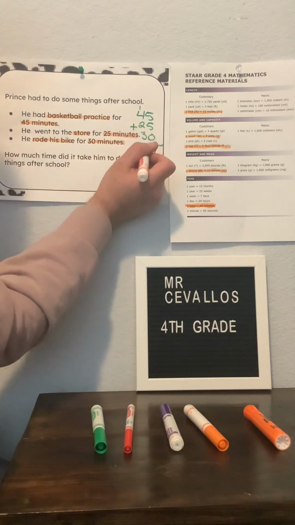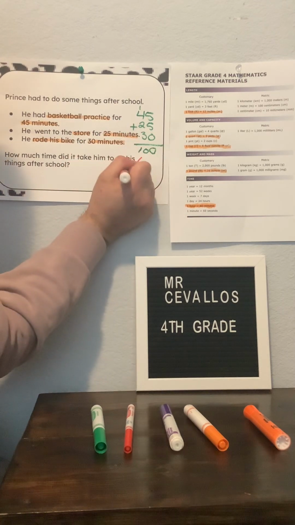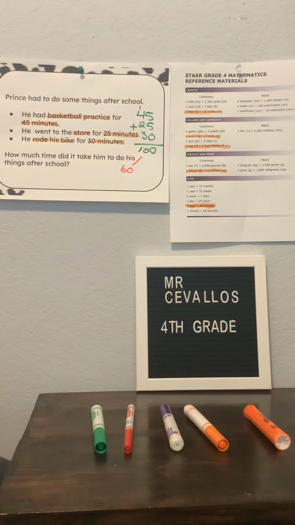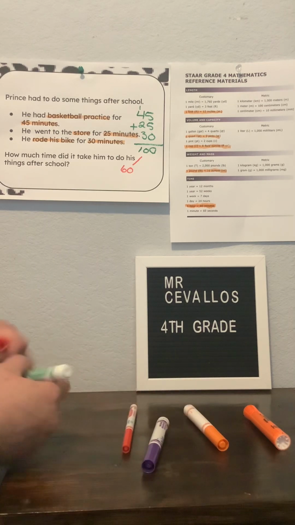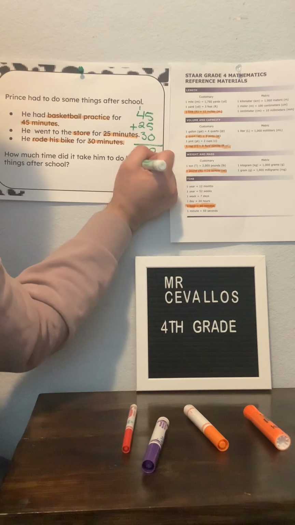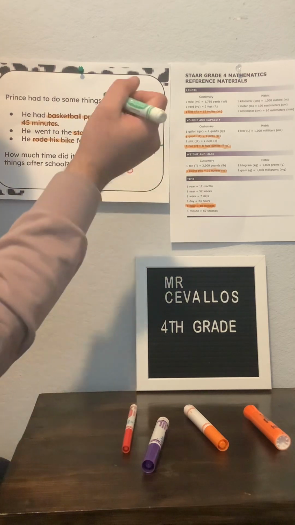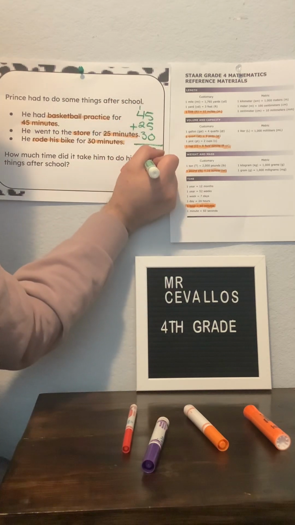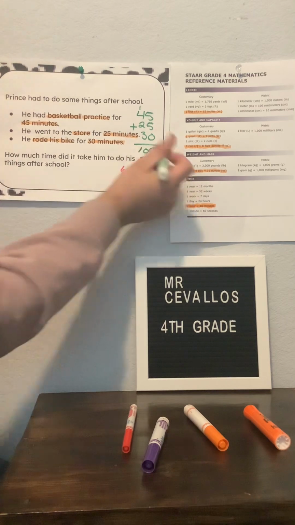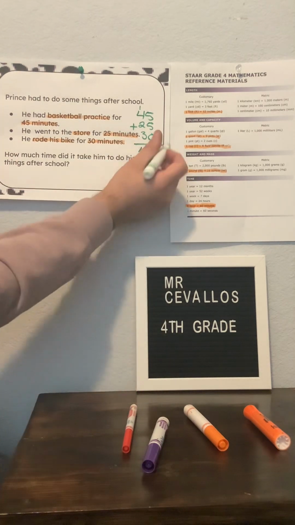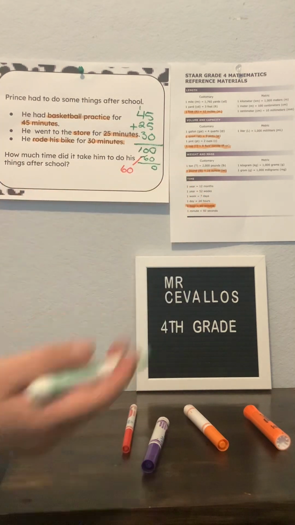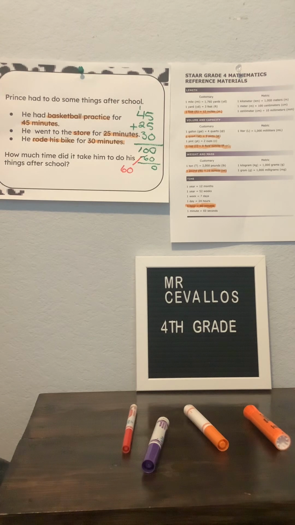So if I take away 60 minutes, all that means is that I'm subtracting, right? I pull off 60 minutes because that represents my hour. I subtract 60 so that I can find the difference. 0 minus 0 is 0. And the difference between 10 and 6 is 4.